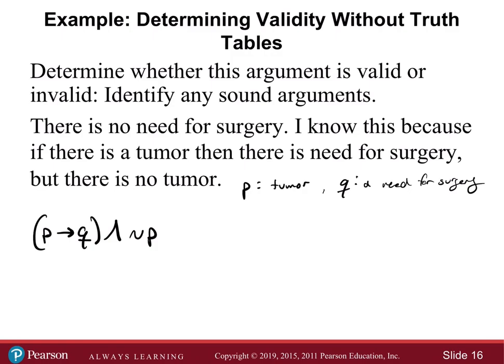Because I think that's the improper use of the contrapositive. There is no tumor, so we're saying not P. So then these two together imply not Q, right? And this should be a fallacy. This should be an invalid argument.